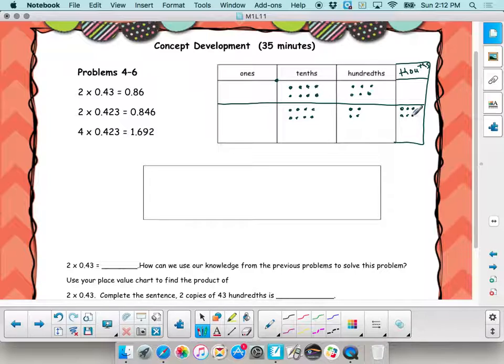So 2 groups of 423 thousandths is 846 thousandths. Now, what if I have 4 groups of that? So I'm just going to add some more here until I have 4 rows going down.